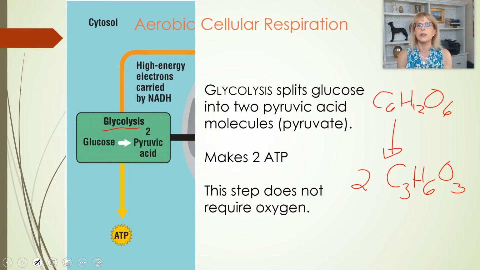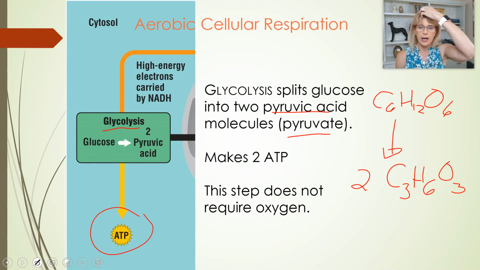Each one is half the size of a glucose. Pyruvic acid is the same as pyruvate. By doing this, it makes a net of 2 ATP. This step doesn't need oxygen, and it doesn't need the mitochondrion, right? It also makes a little bit of NADH.